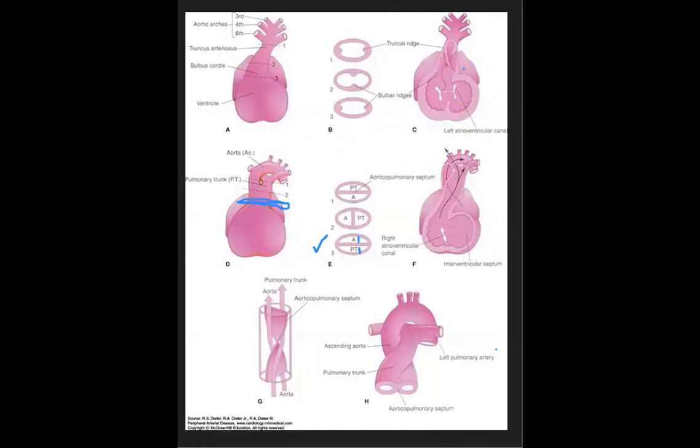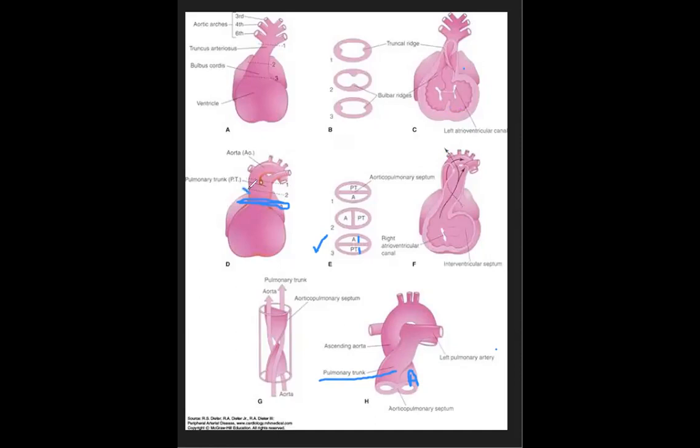You see over here, this is the aorta, and this is the pulmonary trunk. So aorta is posterior and pulmonary trunk is anterior.